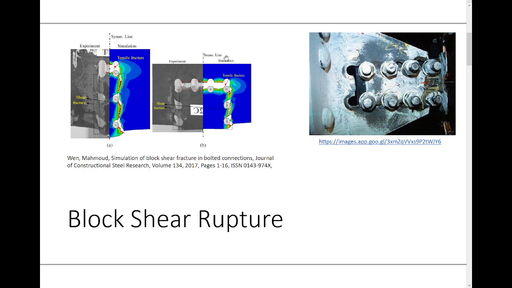So, this is the limit state that I've been talking about that we haven't added yet. This is what's called block shear rupture. What happens is you're yanking on a member and you rip a chunk out of it. You failed part of it in shear, part of it in tension, and you literally are ripping a chunk out of it.